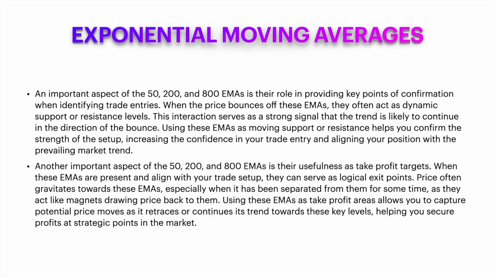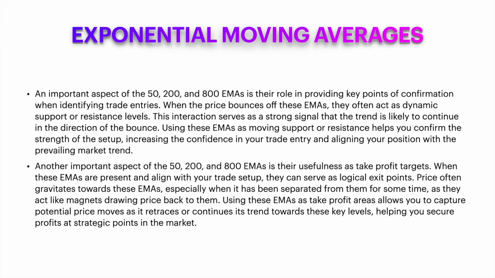Another important aspect of the 50, 200, and 800 EMAs is their usefulness as take profit targets. When these EMAs are present and align with your trade setup, they can serve as logical exit points for our strategy. So price action often gravitates towards these EMAs, especially when it has been separated from them for some time, as they act like magnets, drawing price back to them.